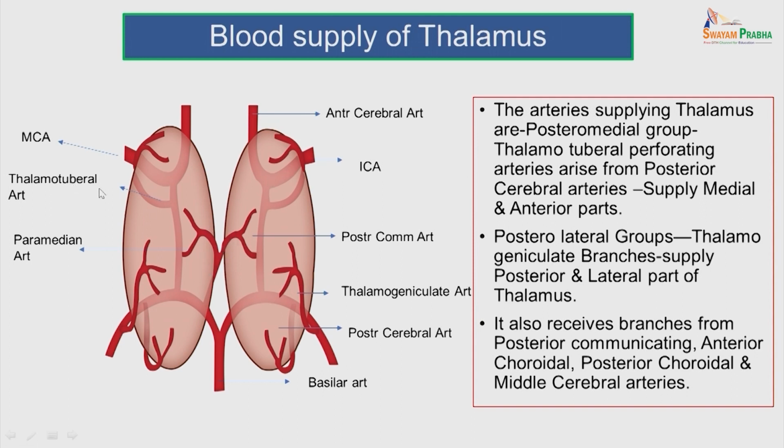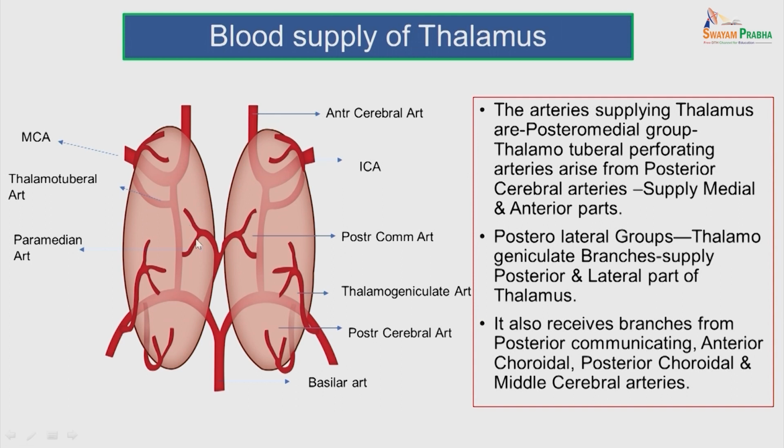The thalamotuberal artery, which are the perforating arteries, supply the substance of the thalamus on the posterior-medial aspect and supply the anterior and the medial parts of the thalamus. In the posterior-lateral group are the thalamogeniculate branches, which are branches from the posterior cerebral artery and supply the posterior part and the lateral part of the thalamus.